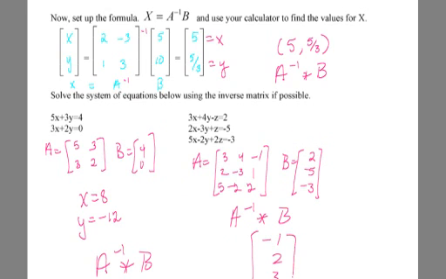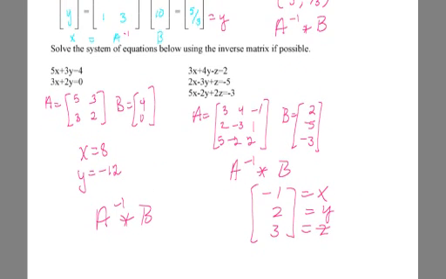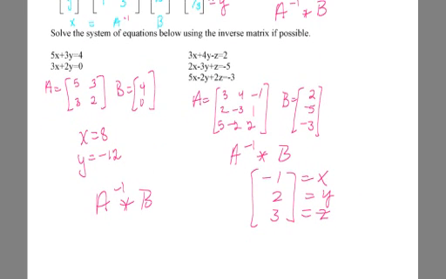How do I interpret those values? One's for x, one's for y, and one's for z, since we had 3 variables working in this system. 3 equations and 3 variables. So now you can solve systems of equations using the inverse matrix.